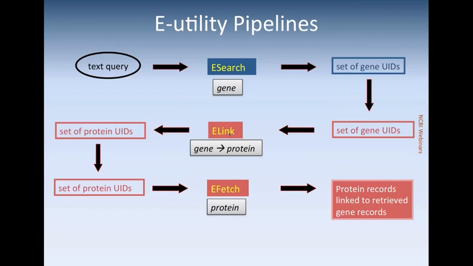That set of gene IDs I could then put into ELink and get proteins out. Now I have protein GI numbers. I could take those protein GI numbers, give them to EFetch, and get out some kind of protein record, for example FASTA records, or GenPept records, or INSDSeq XML records. So there's a variety of different things I could do. I hope this starts your imagination ticking a little bit.